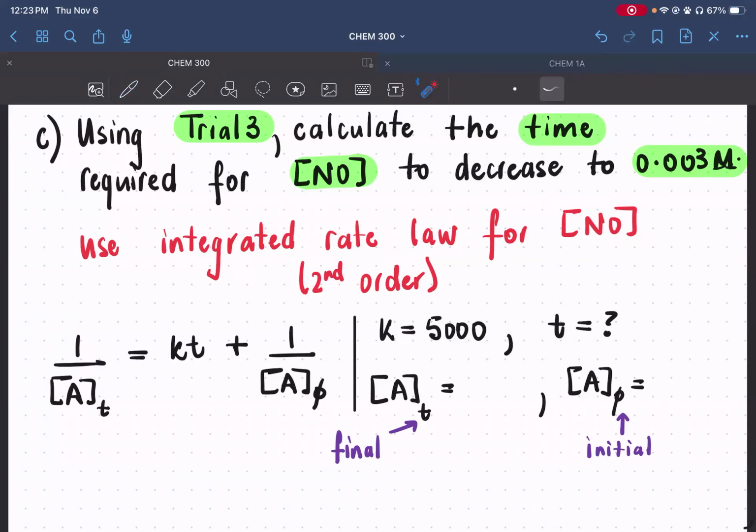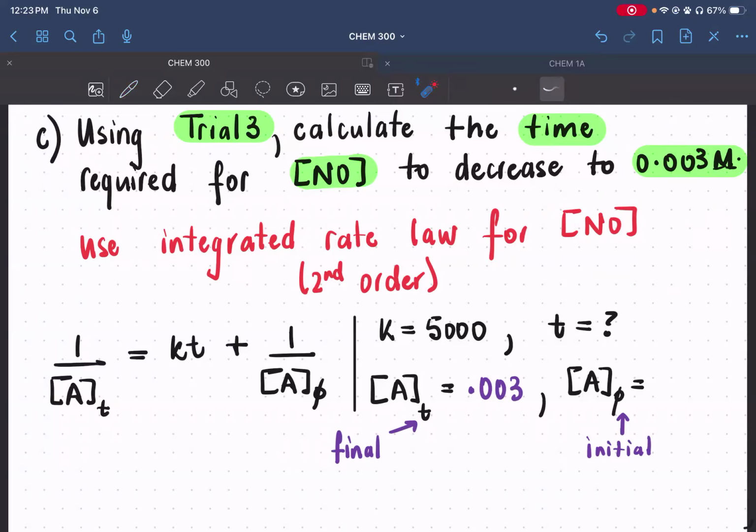Thinking about the wording of the question, it says, calculate the time required for it to decrease to. So that is what tells us this is going to be our final concentration. Once you're able to make that logic, the final concentration is 0.0003.